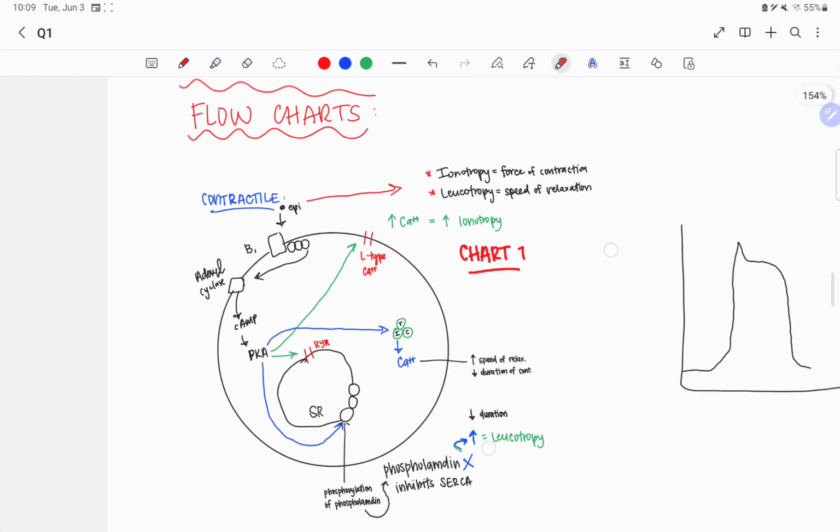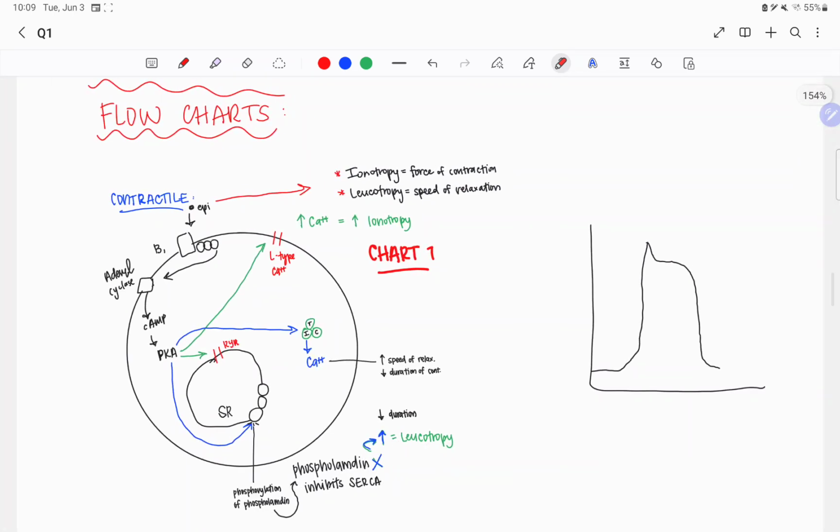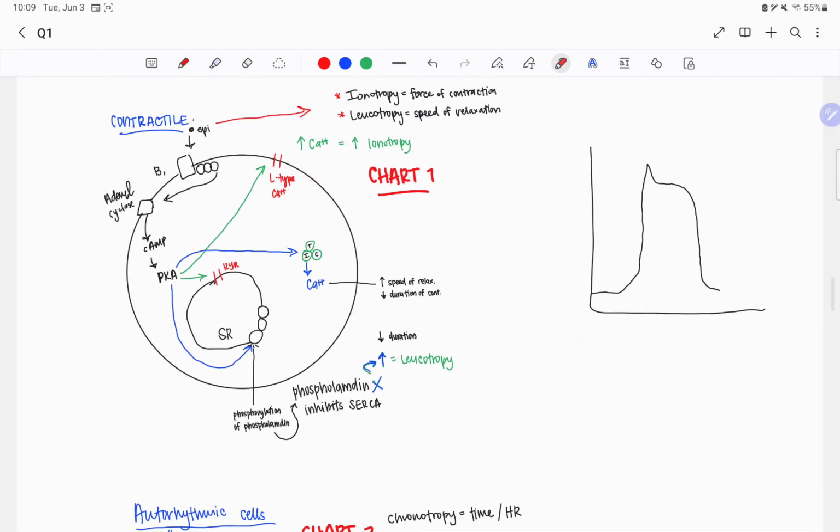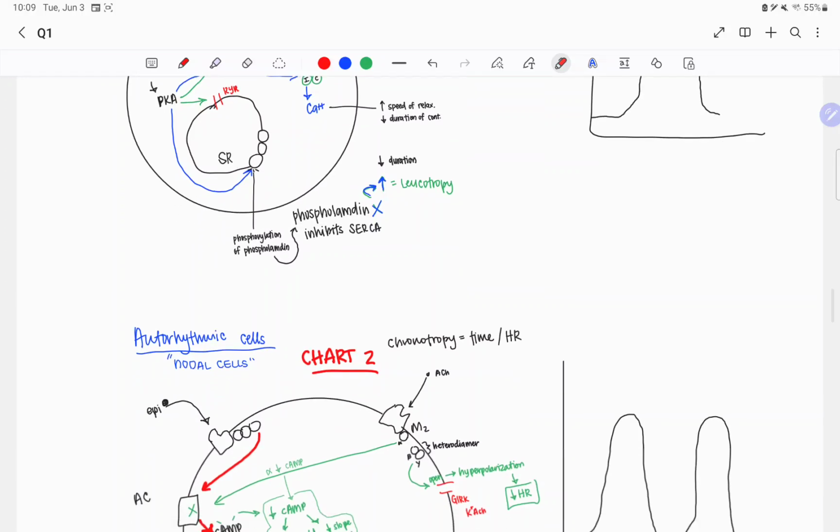So that's kind of what's happening in the contractile cells for inotropy and lusitropy. It's kind of hard to understand, but I hope that made sense.